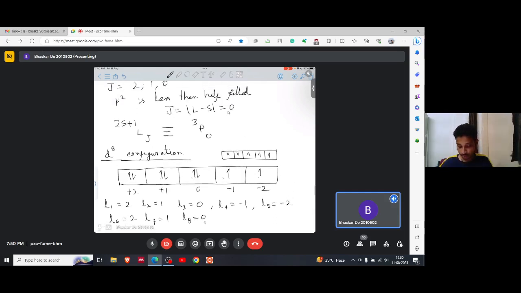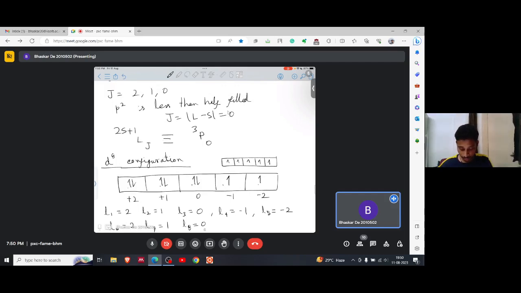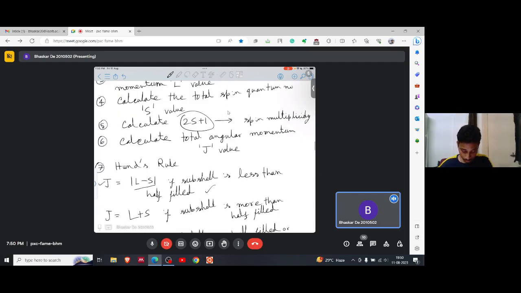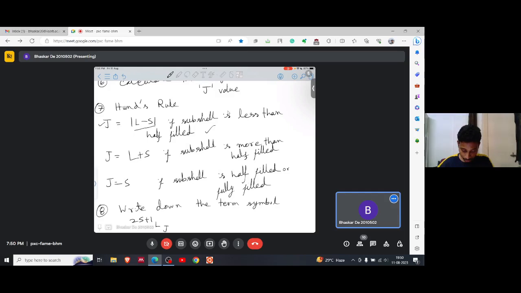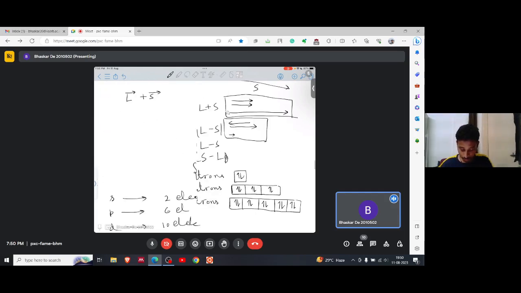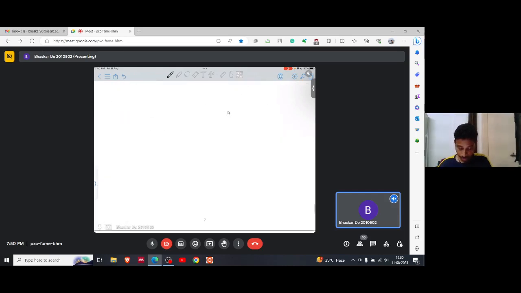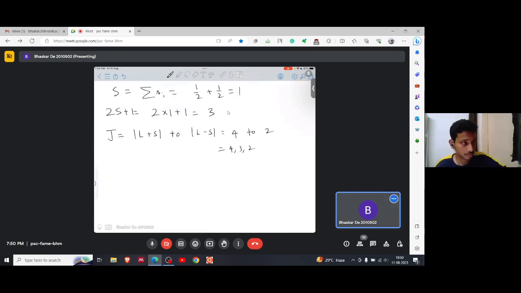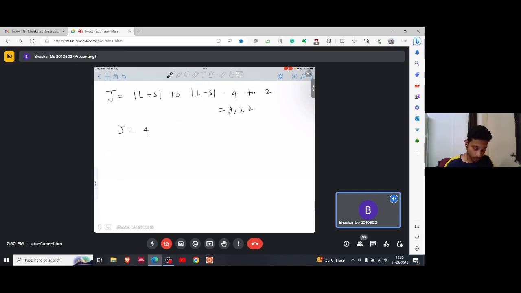This is the half filled condition, but it is already more than half filled. So for more than half filled, what was the condition? L plus S, if the subshell is more than half filled. So this rule will be applied, and we will have J equal to 4.